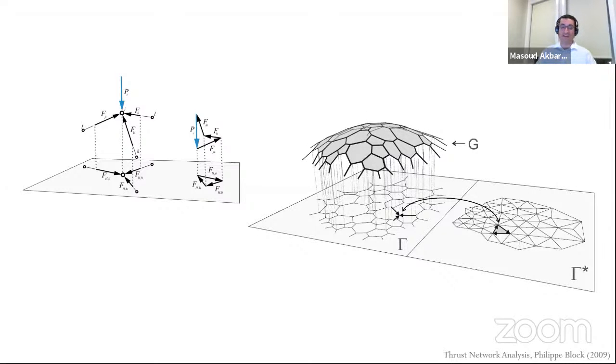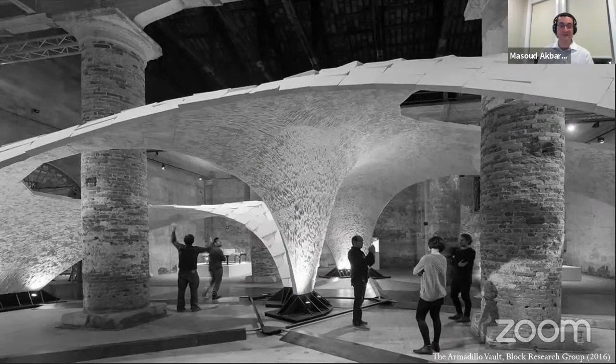At the time this was a groundbreaking contribution, and it still is, because now you can design efficient structural forms.